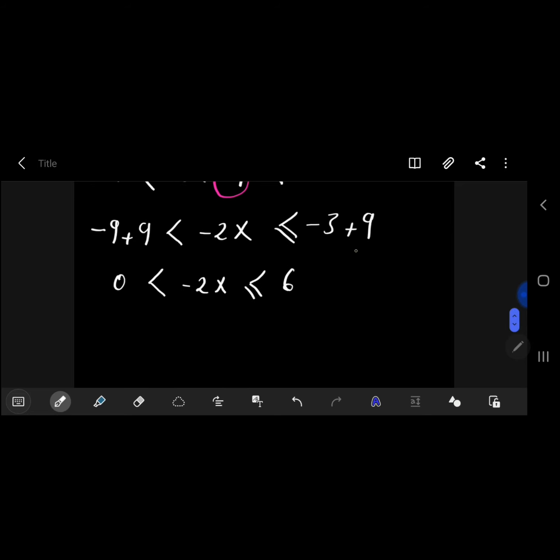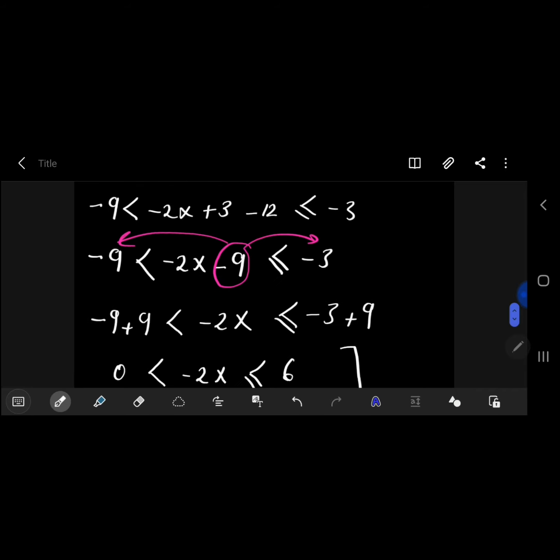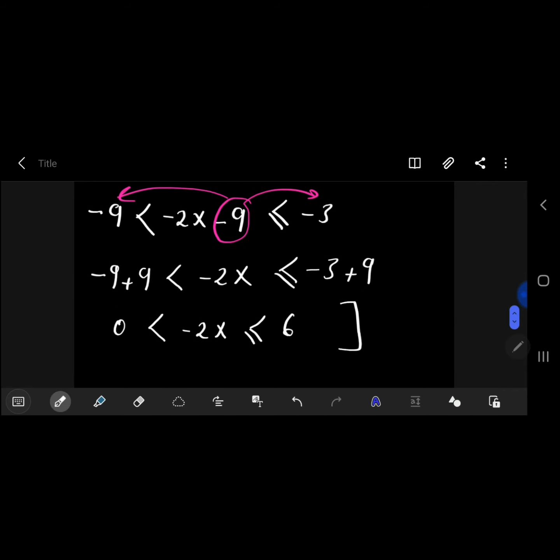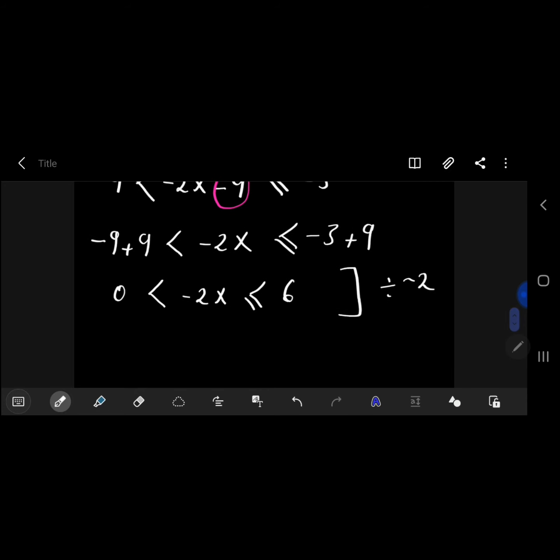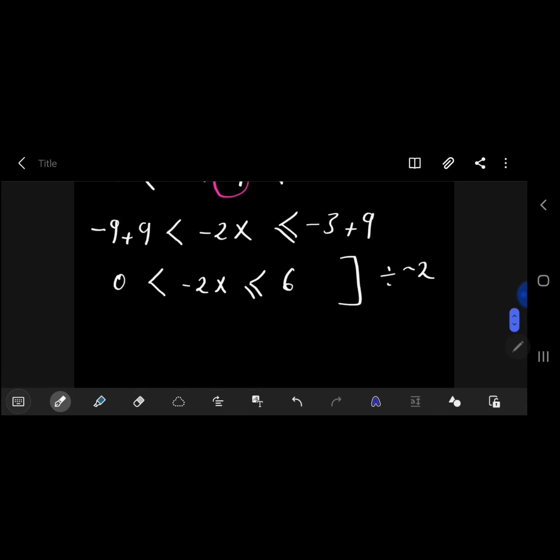So if I want to get rid of minus 2, I will divide the whole equation by minus 2. If I divide the equation by a negative, the smaller will change to bigger. I said it before. The smaller will change to bigger. So here 0 over minus 2, minus 2x over minus 2, 6 over minus 2.